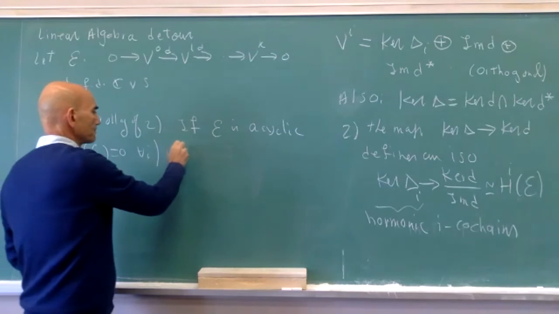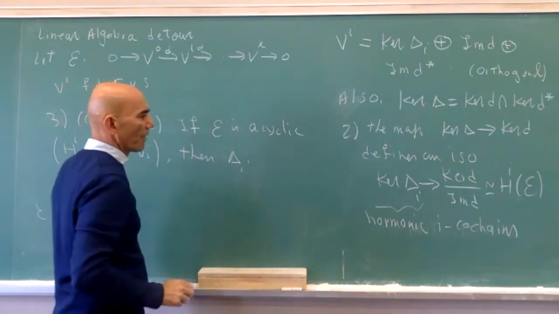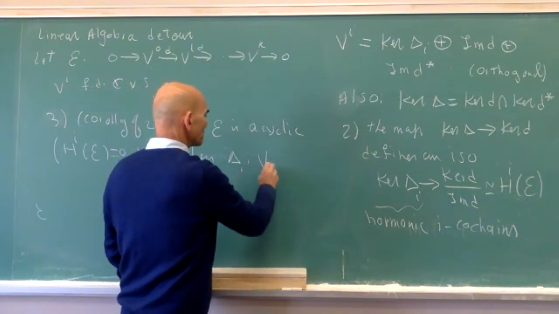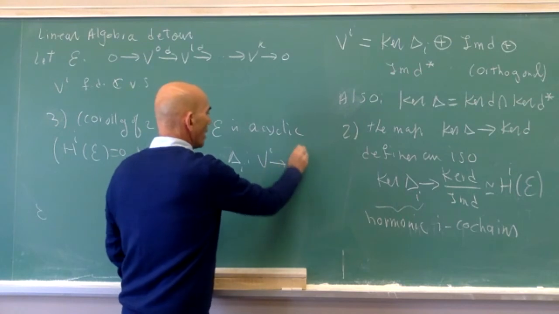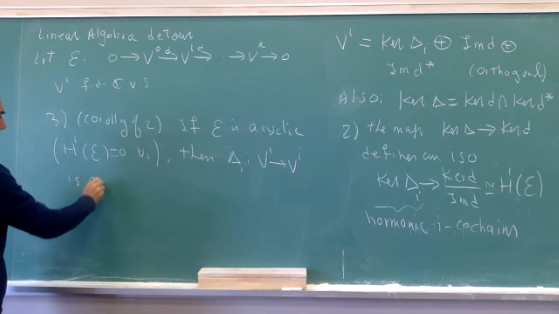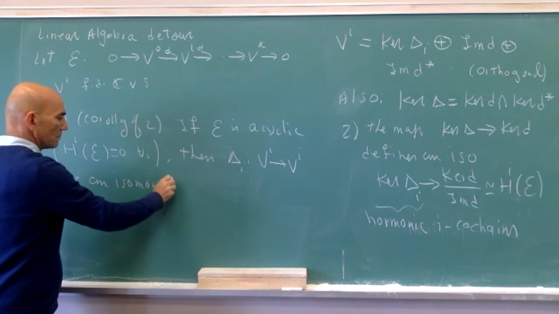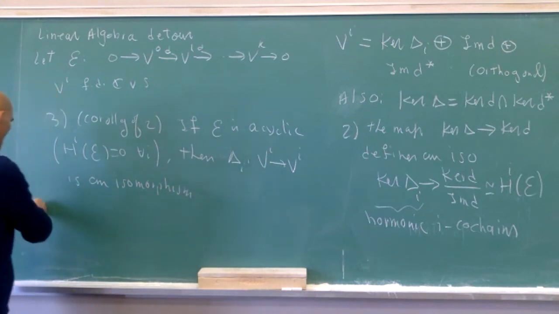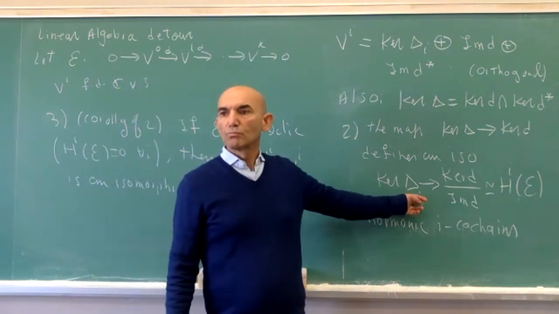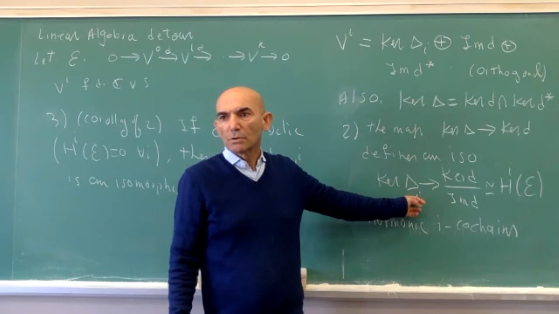Then delta I from V^i to V^i is an isomorphism. I mean, its kernel is 0, so being injective is not a problem.